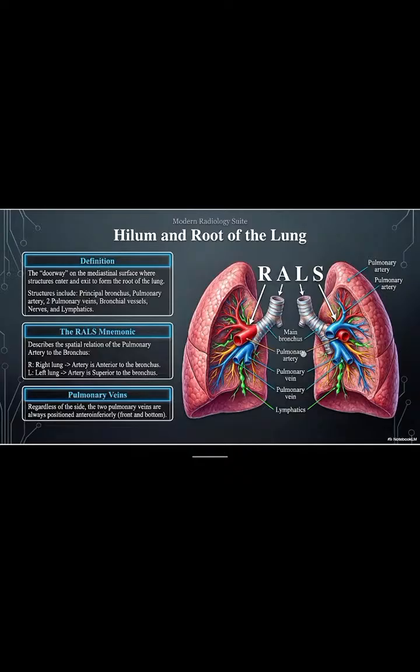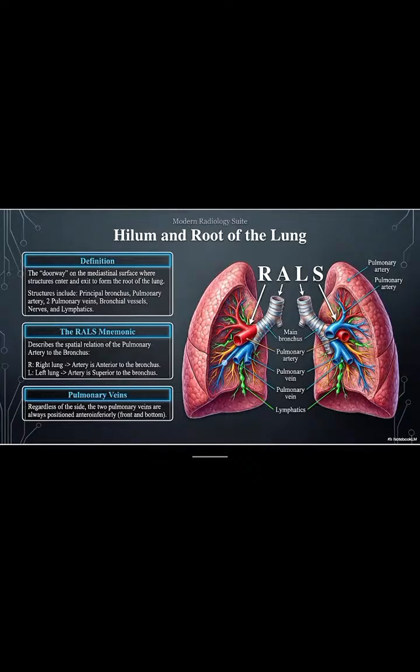So we have the right lung and the left lung. In the right lung, the pulmonary artery is anterior to the bronchus. Look at it.